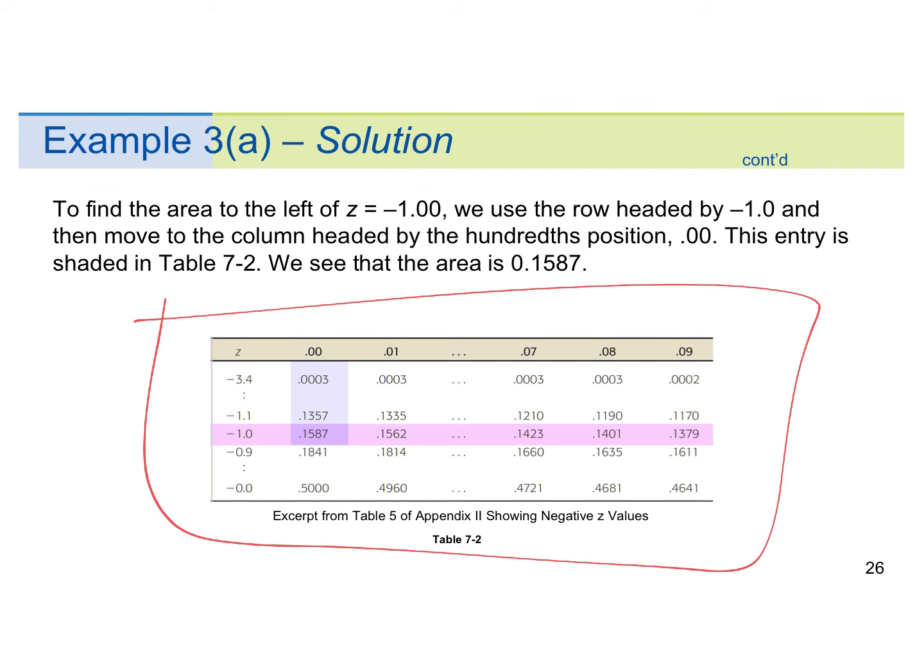So if I'm looking up negative 1.00, I find the negative 0.1, which is this portion of it. And then I find the 00, because it has to end in a 0. And I follow to the right and down, and I will see a 4-digit number, 0.1587. So negative 1 was the 1587.